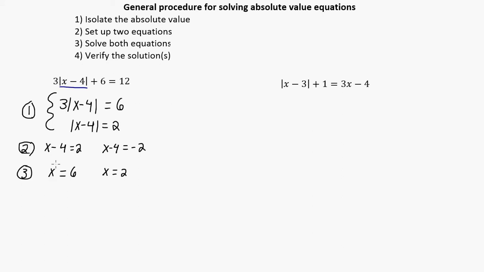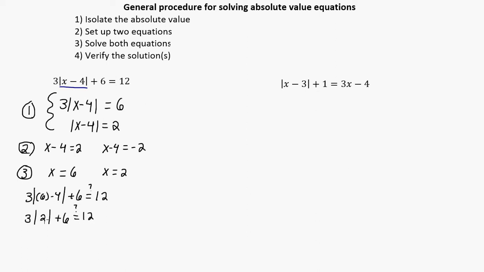So I'm going to verify solution 1. I have 3 times the absolute value of 6 minus 4, plus 6 equals question mark 12. Hopefully this equals 12. Alright, I have 3 times the absolute value of 2, since 6 minus 4 is of course 2, plus 6 equals question mark 12.